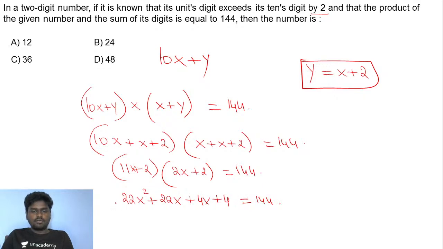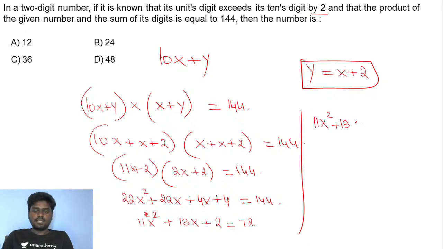And if you try to divide this by 2, it gives you 11x square plus 26, 26 means 13x plus 2 is equal to 72, right? So what do you get exactly here? 11x square plus 13x minus 70 is equal to 0. If you try to multiply, you need to get minus 70, and if you try to add, you need to get plus 13.